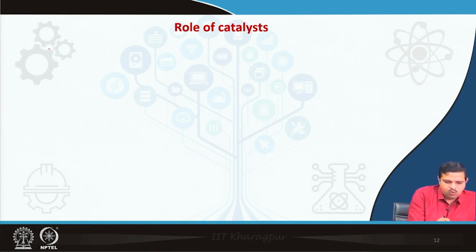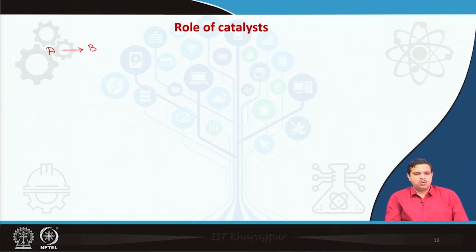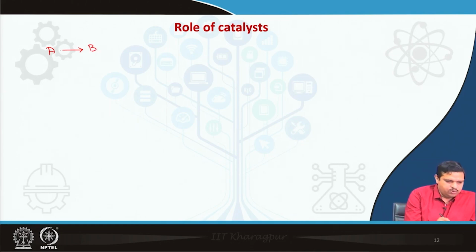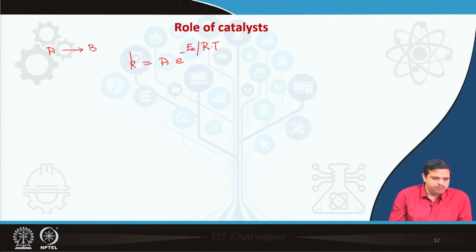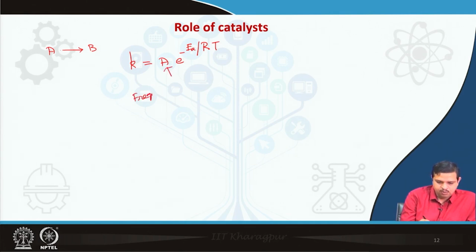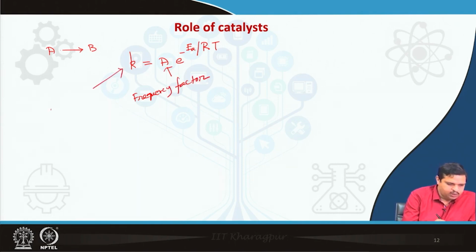So, you know that one reaction like this one, A to B, A is the substrate and B is the product. Okay. So, the rate of this reaction can be expressed by the Arrhenius equation. Okay. So, A is the frequency factor, all we know, the frequency factor, okay, and the small k is the rate constant.